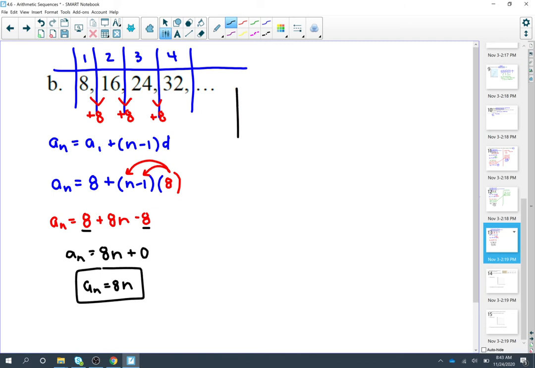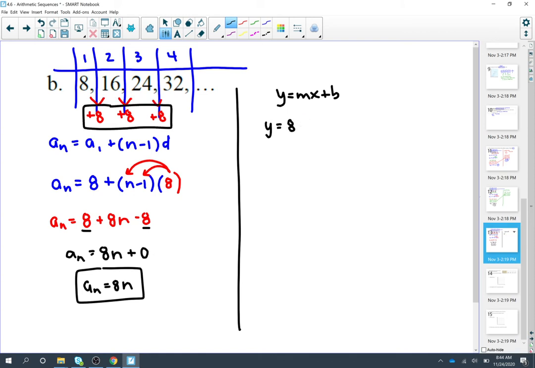If you did it the other way, y equals mx plus b. And personally, this one's my favorite because I never remember this formula. But anyways, y equals m, slope. Slope is 8. So 8x plus the y-intercept.